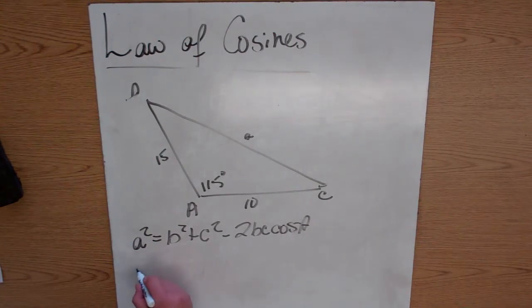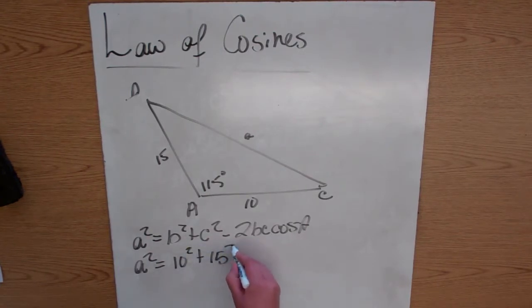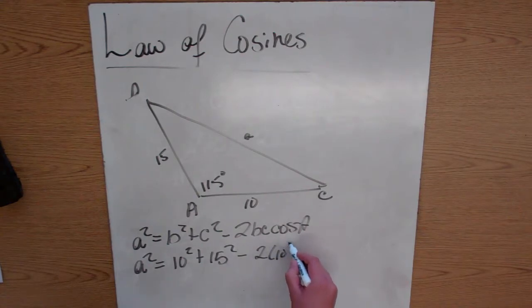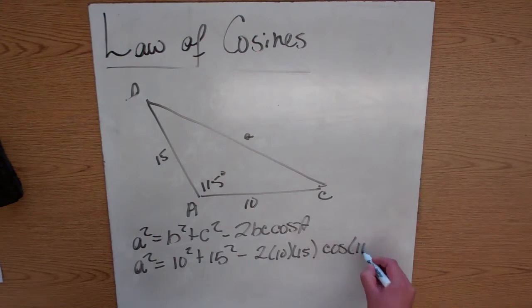So a squared equals b, which is 10 squared, plus 15 squared, minus 2 times 10 times 15 times the cosine of 115 degrees.